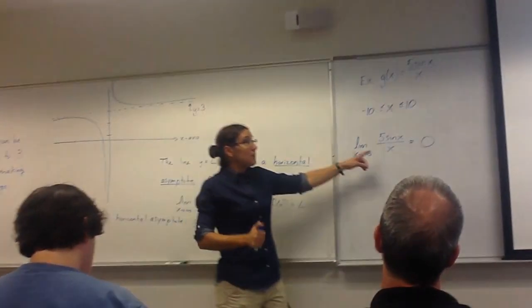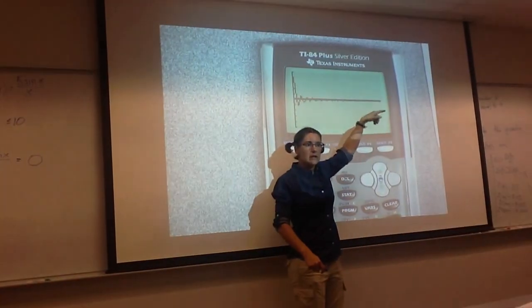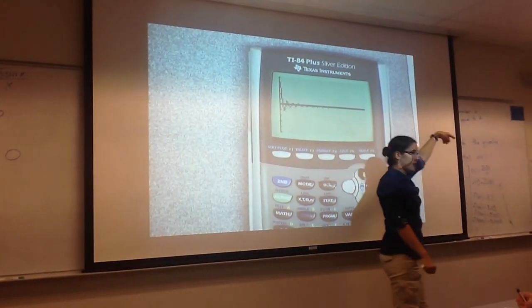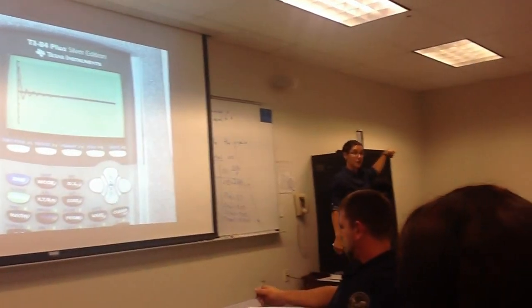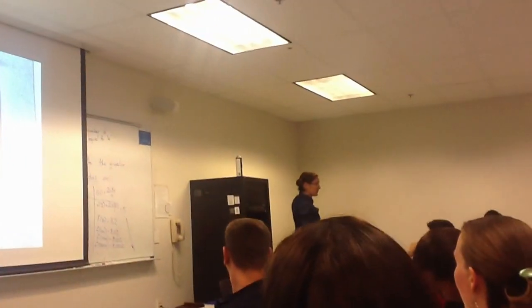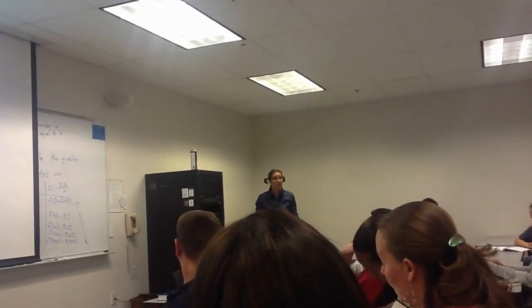Now, here is an example. This function continues to oscillate back and forth, up and down, above and below the x-axis, forever and ever and ever. Infinitely many times, this graph goes up and down and crosses that x-axis.